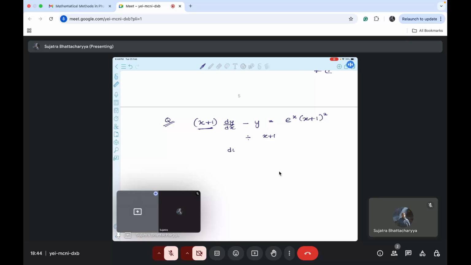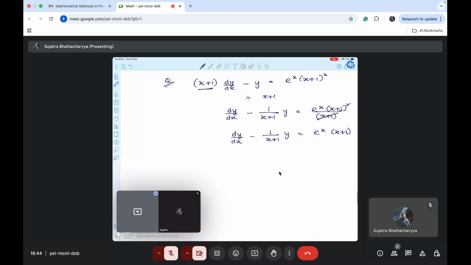If I divide by x + 1, the x + 1 cancels, so the final equation becomes dy/dx − (1/(x + 1)) y = e^x (x + 1).